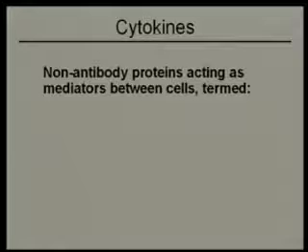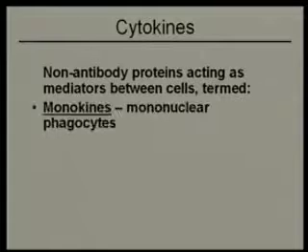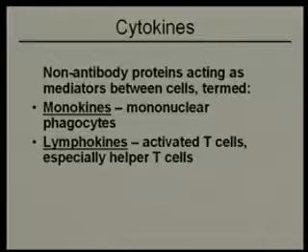In general, cytokines are a very broad class, but typically they're non-antibody proteins, and they act as mediators between cells. Cytokines are produced, and they could then lead to activation of another cell. If you divide cytokines into broad groups, monokines are substances produced by mononuclear phagocytes. Lymphokines are produced by activated T cells, and most of the lymphokines are produced by helper T cells.